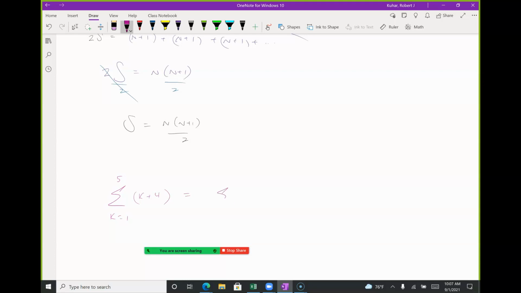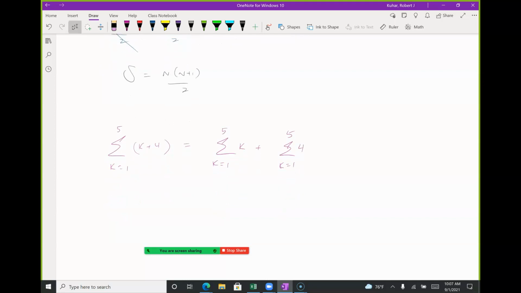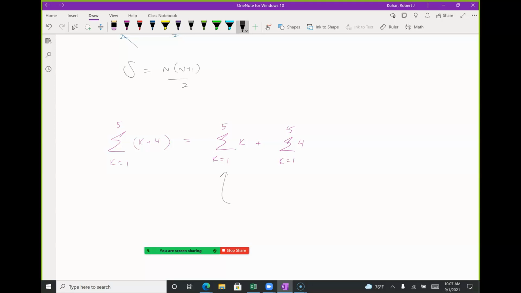So this thing really can be split into two sums, from k equals 1 to 5 of k plus the sum of 4 from k equals 1 to 5, right? Is that making sense? If I'm adding up a sum, I can add up the pieces of the sum first and then put them all together, right? And so this one I already have a formula for, and this one I have a formula for, right?